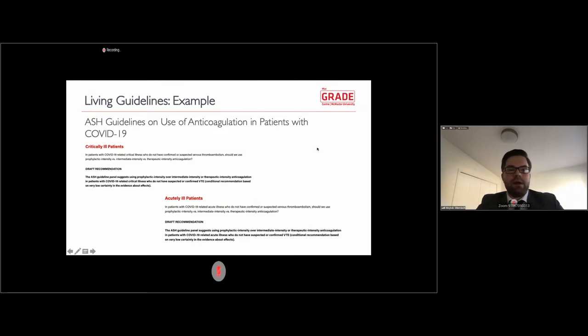And the panel prioritized 2 questions, and the guideline here includes aspects of both the rapid guideline development approach and the living guideline development approach. So in terms of getting the recommendations issued quickly, the panel prioritized 2 specific key questions on use of anticoagulation in critically ill and acutely ill patients with COVID-19.